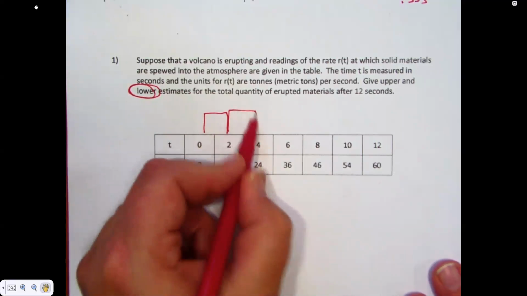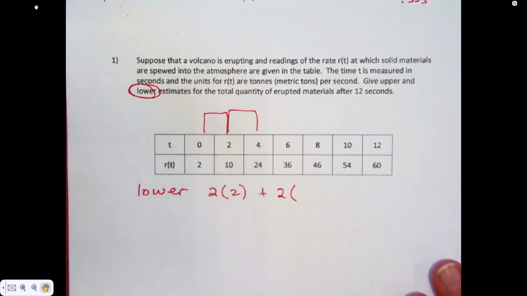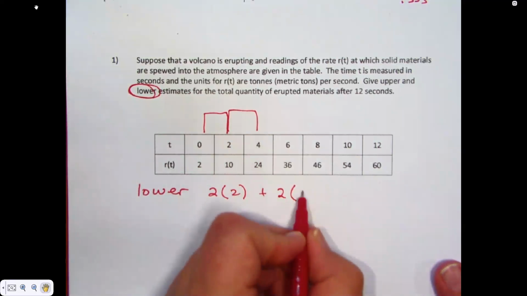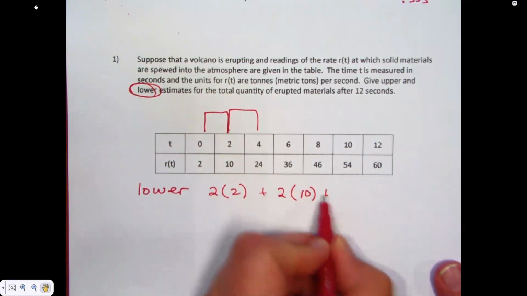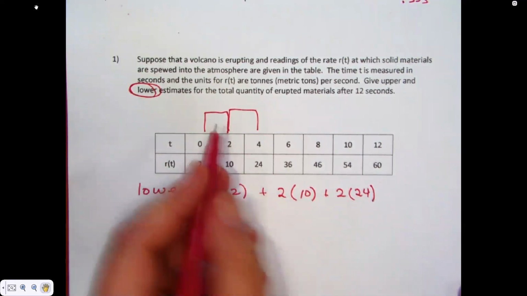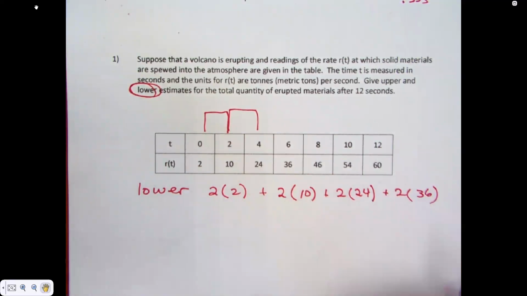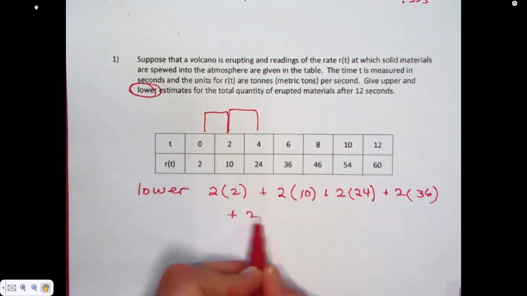Next rectangle, width of 2, height of 10. Okay, do we get the idea? Width of 2, height of 24. Width of 2, height of 36.